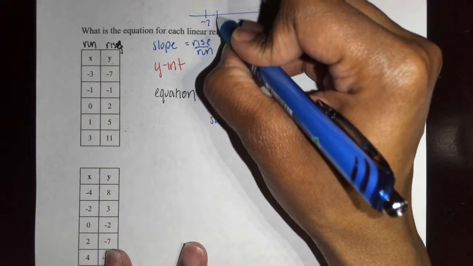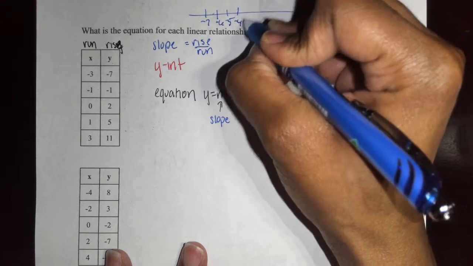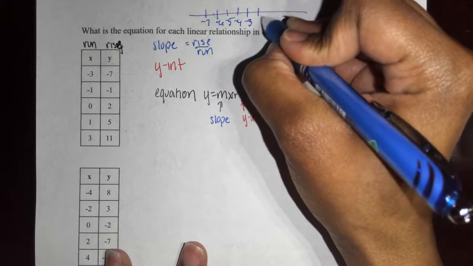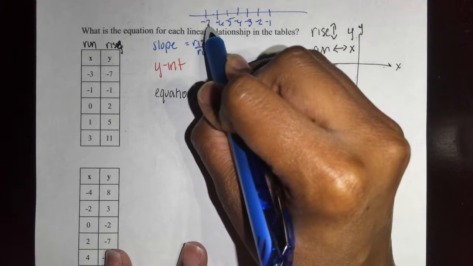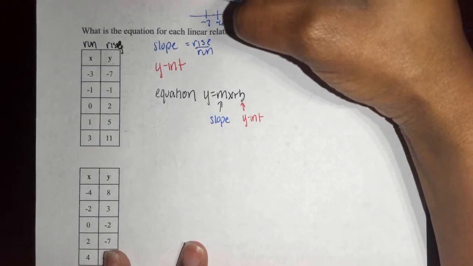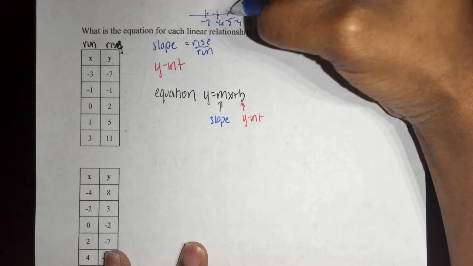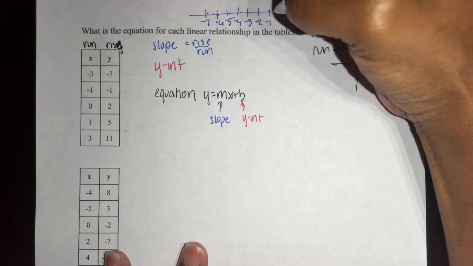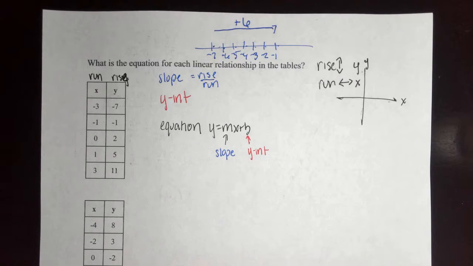So we started at -7 and went in the positive direction: -6, -5, -4, -3, -2, -1. We went up by 6 points.